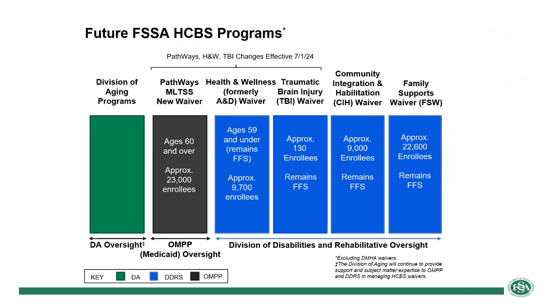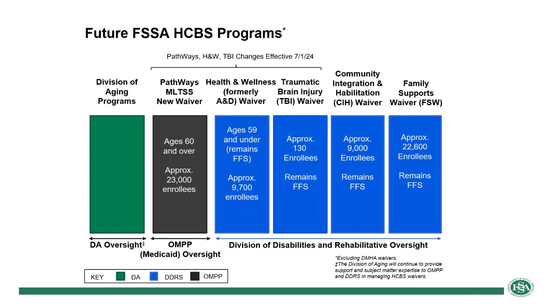Then the Division of Disabilities and Rehabilitative Services and the Bureau of Disability Services will take over administrative oversight of the health and wellness waiver, formerly known as the aged and disabled waiver, for those individuals who are 59 and under. And those do remain on fee for service. We will also take over administrative authority of the traumatic brain injury waiver, and that's for all ages. And we will continue to have our oversight of the community integration and habilitation waiver and the family supports waiver.